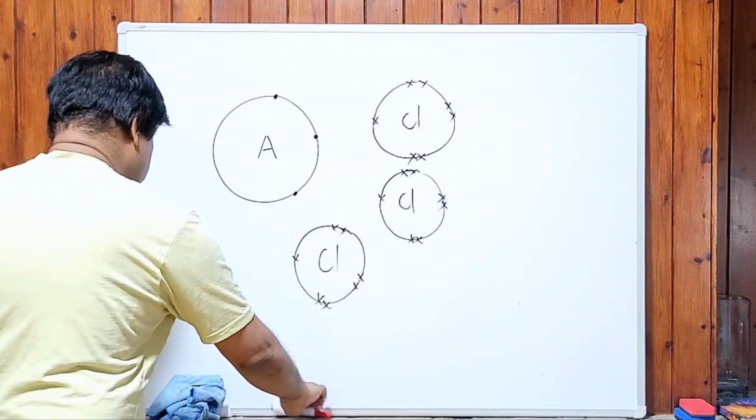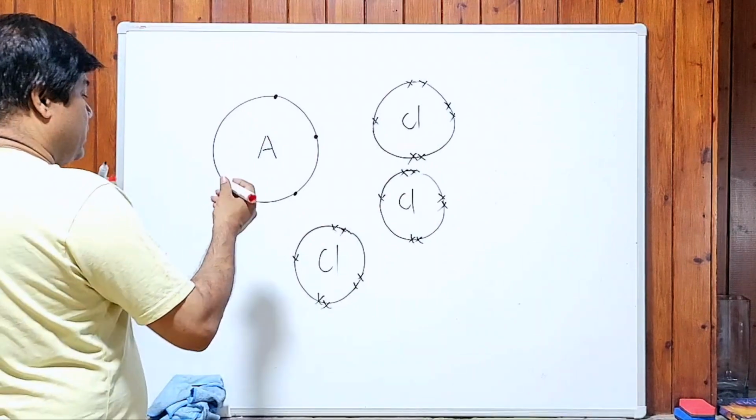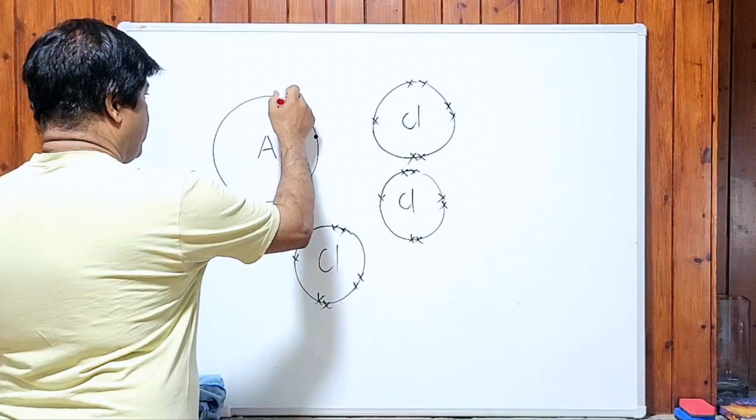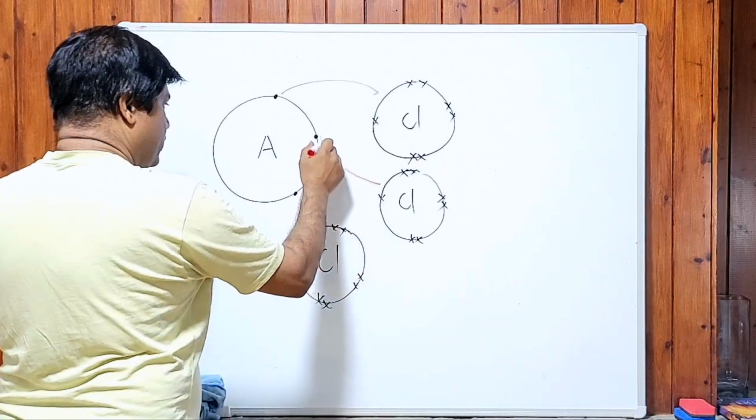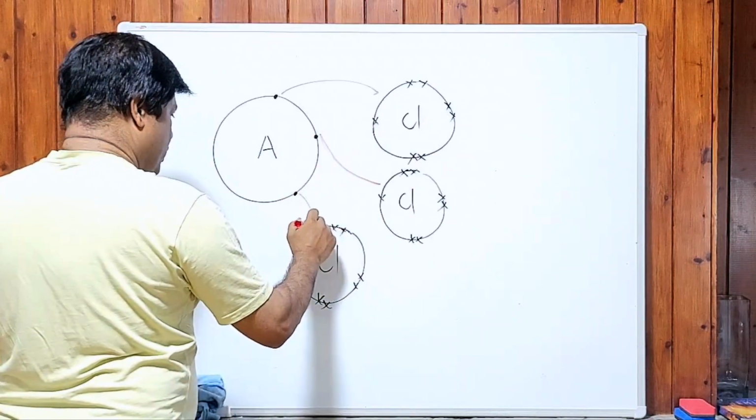Now, this electron goes from aluminum to chlorine, this electron aluminum to chlorine, and this electron also.